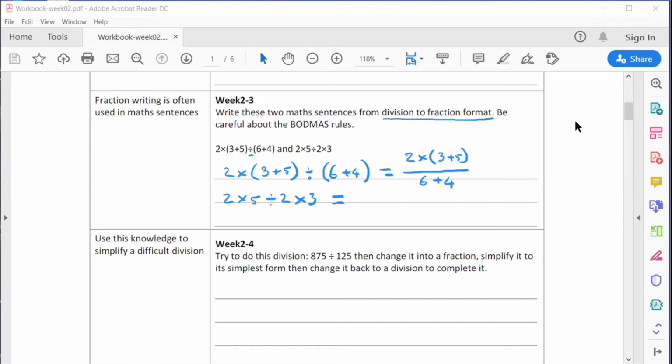You have to be very, very careful here, if you'd like to apply the BODMAS rules. Because if you do the division first, 5 divided by 2 is 2.5, and then 2.5 times 2 times 3 gives a different answer. Now I'm going to show you.